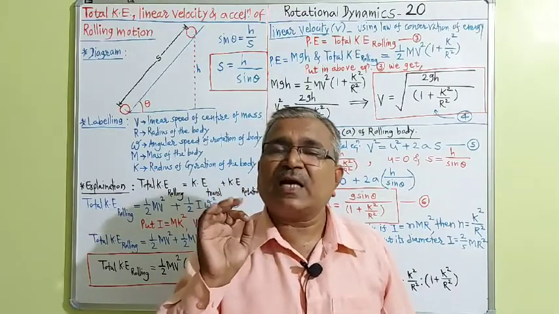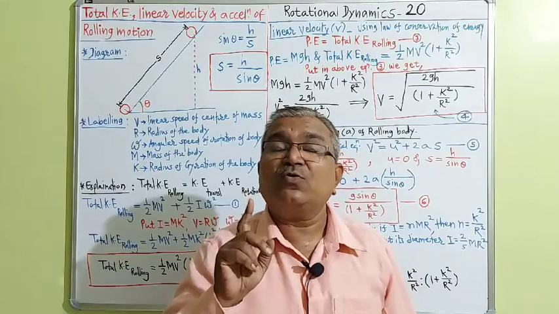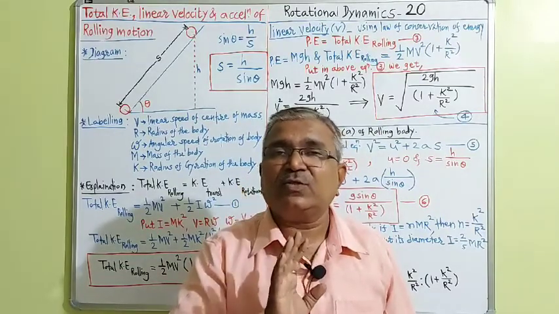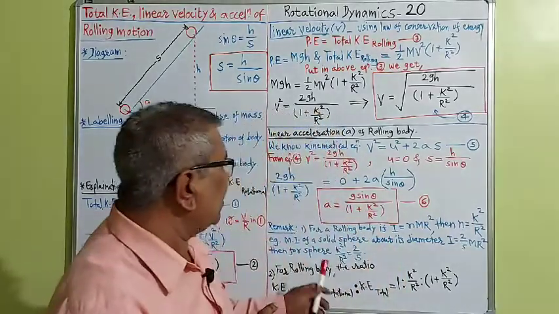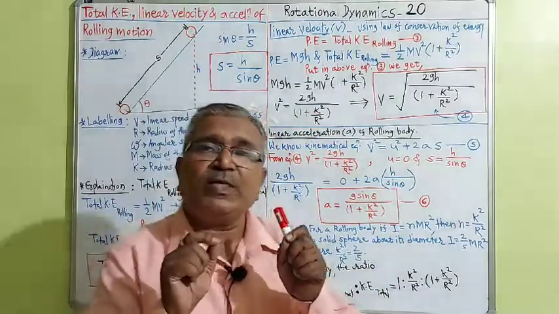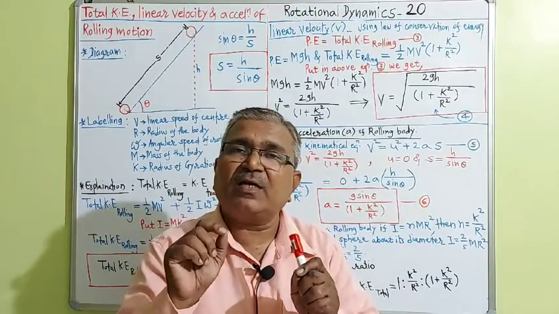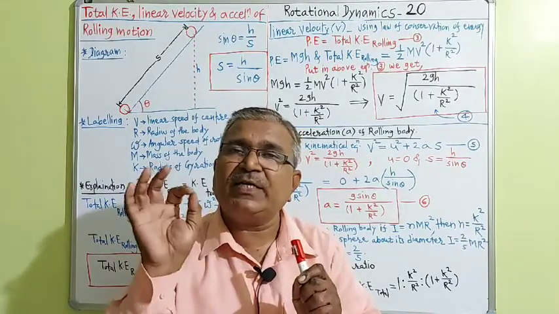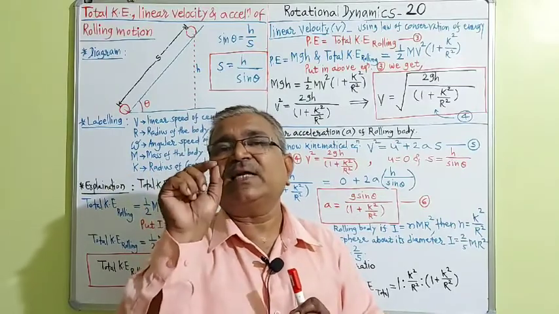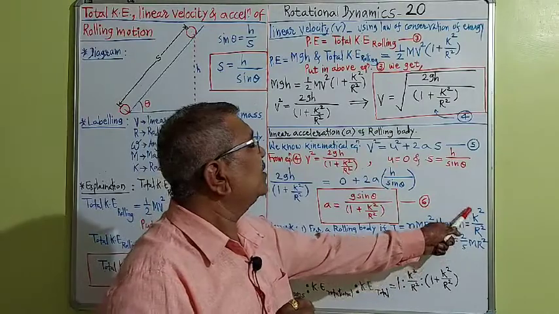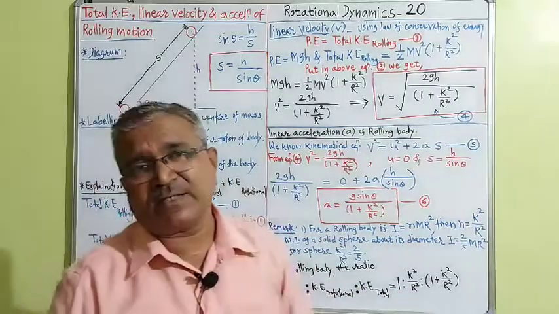As long as this article is concerned, we have to remember 2 remarks that I have written on the board. The first remark is that for a rolling body, if I write capital I is equal to small n mr square, then the value of small n will be k square upon r square.